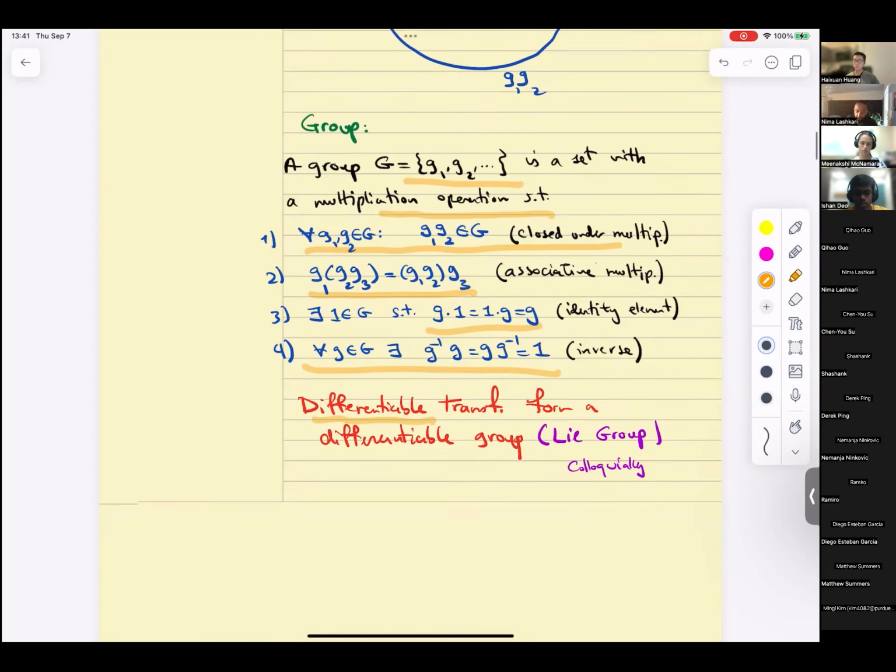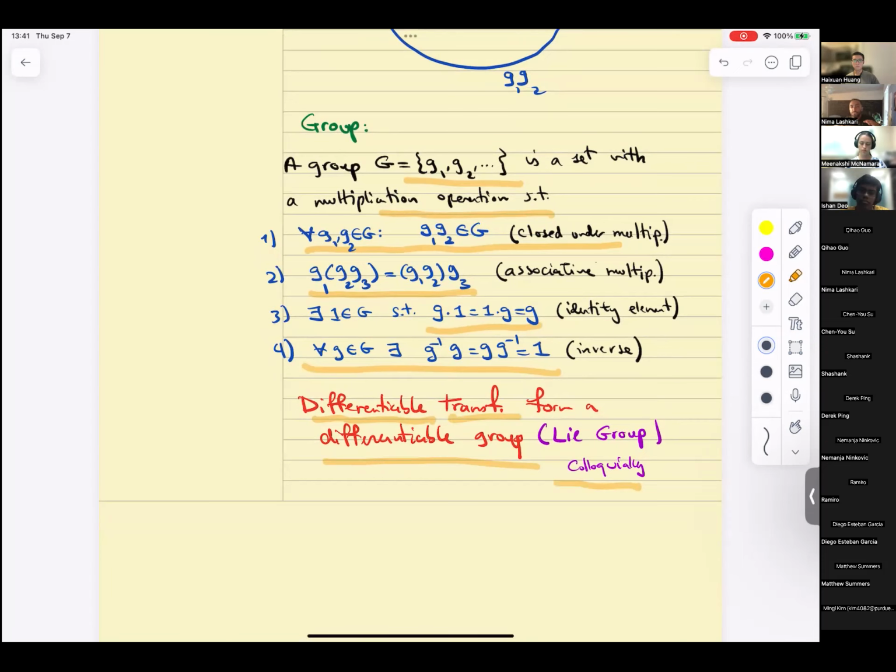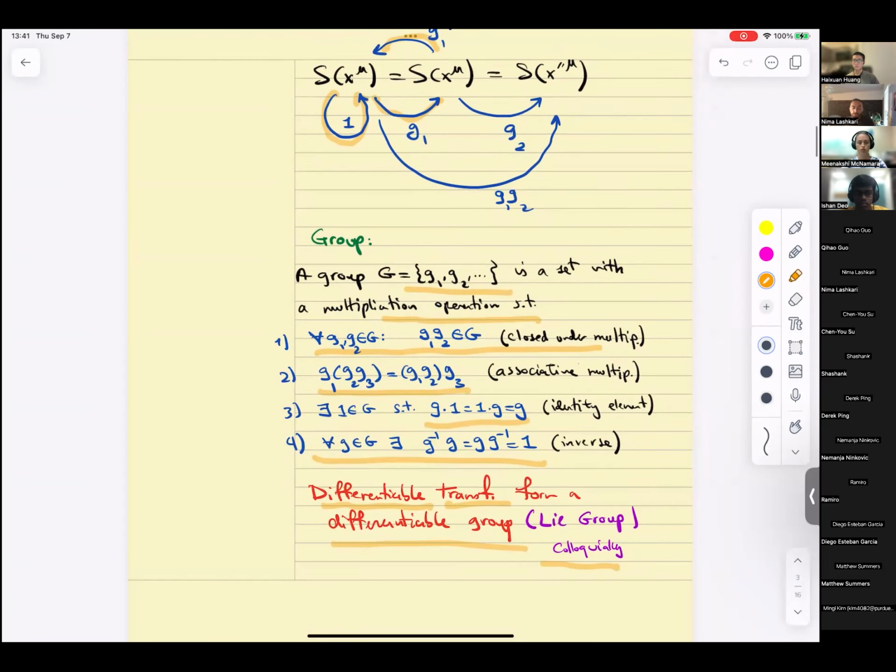So differentiable transformations form some sort of differentiable group, which needs to be clarified. But colloquially speaking, that's what a Lie group is. It's some sort of group that you could differentiate. You could talk about infinitesimal transformations. That's, very crudely speaking, the picture. All right, so is the idea of a symmetry group clear?